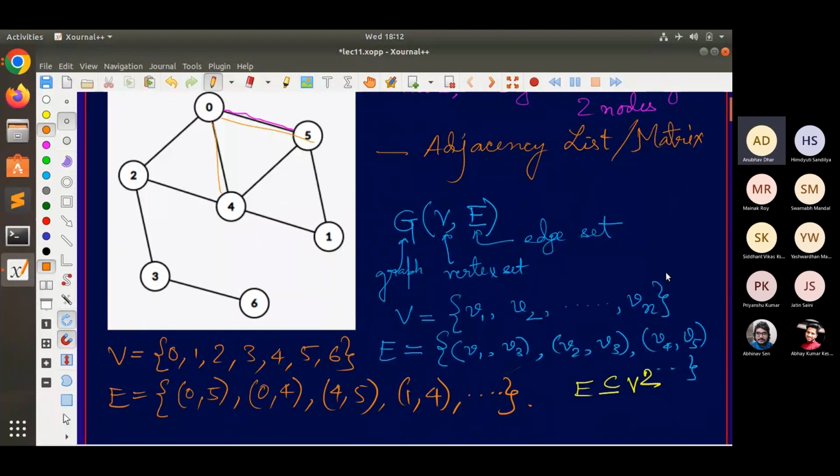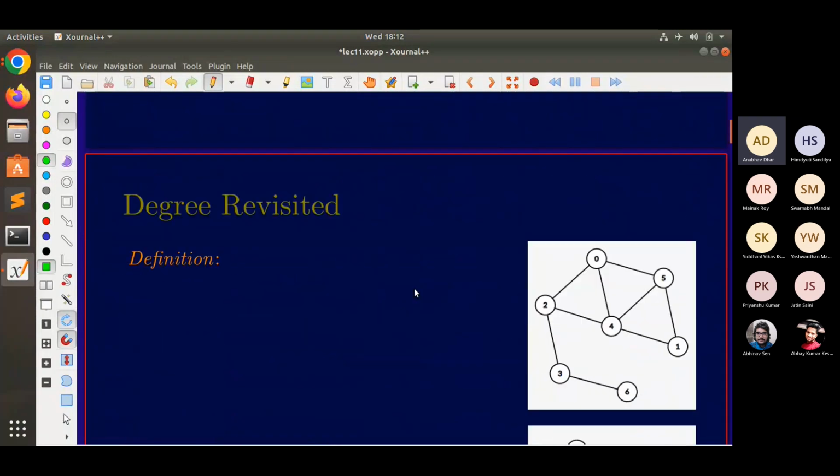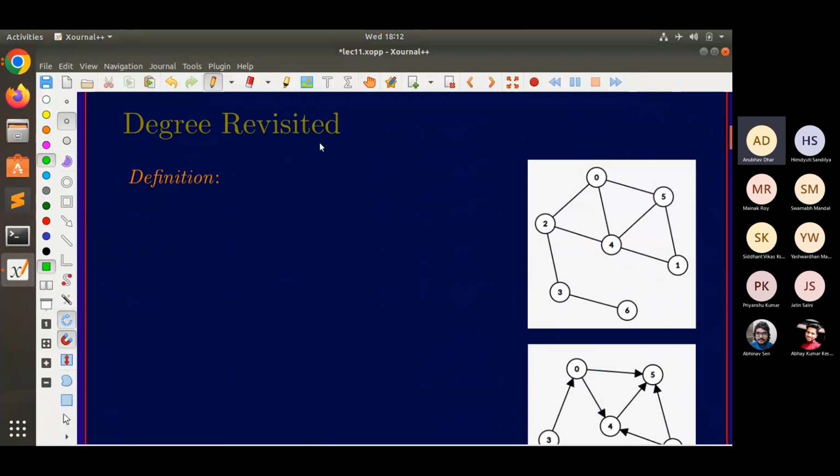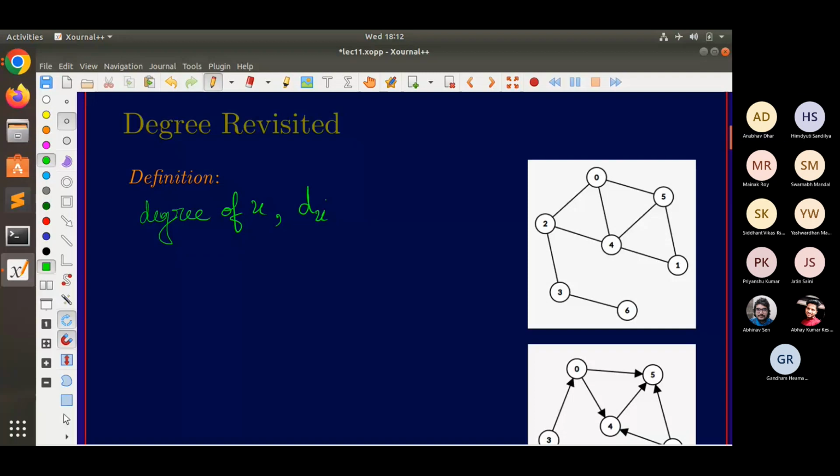Okay, so now moving on to the next topic, we'll be talking about degrees. In the last class, the definition of degree was explained. So, does anyone remember the definition of degree for an undirected graph? The degree of, let's say, vertex U. Let's write it as d subscript U. Does anyone remember?